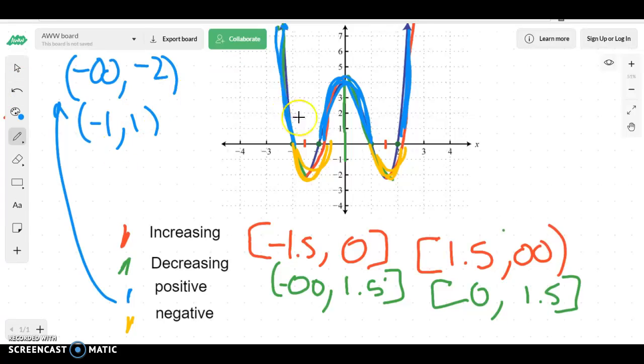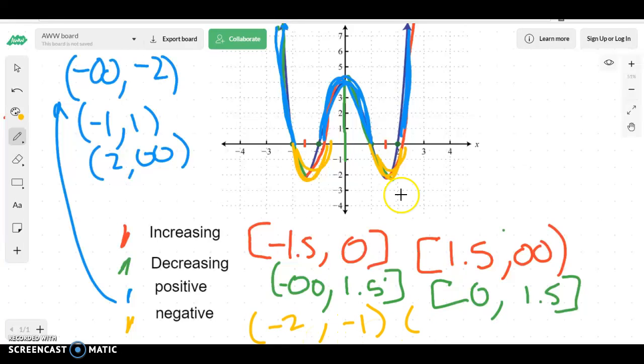And another point we'd have is this point here at 2, and it goes all the way to infinity. So that's where this thing is positive. Let's look where this thing is negative. Well, this thing is negative here and here. So it's negative from -2 to -1, and it's negative from 1 to 2.